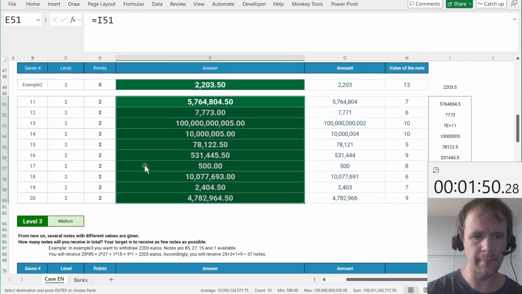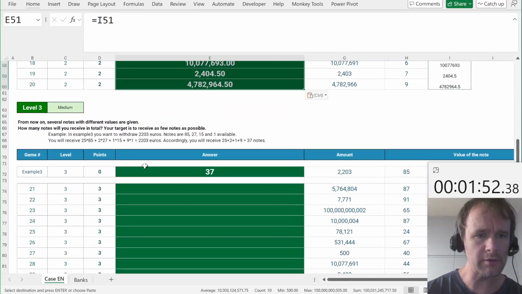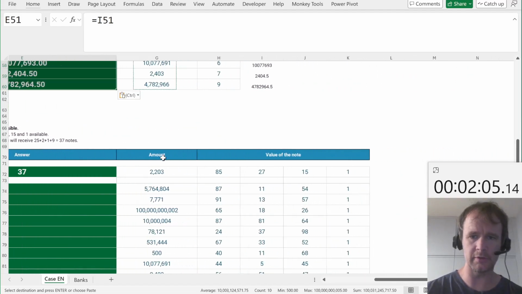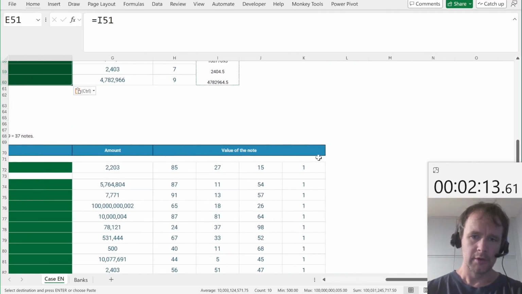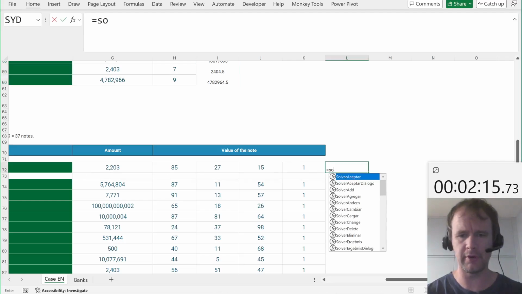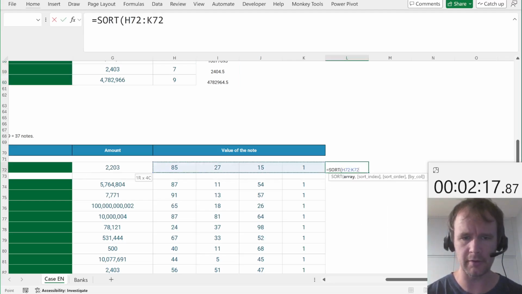Okay. Level 3. From now on, several notes with different values are given. How many notes will you receive in total? Your target is to receive as few notes as possible. Answer 85, 27, 15, and 1. Ooh, interesting. So the question is whether you can apply a greedy algorithm or not. For now, I'm going to assume that you can.